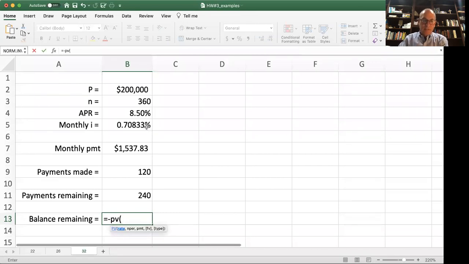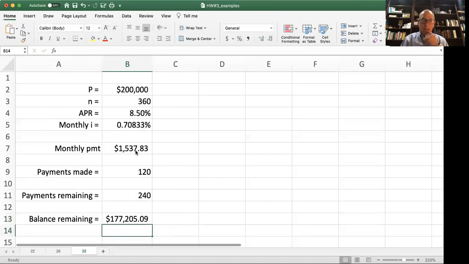The interest rate stays the same. Number of periods now is 240. And our payment is our monthly payment. And there we have it, $177,205. That's how much we still owe on this loan.